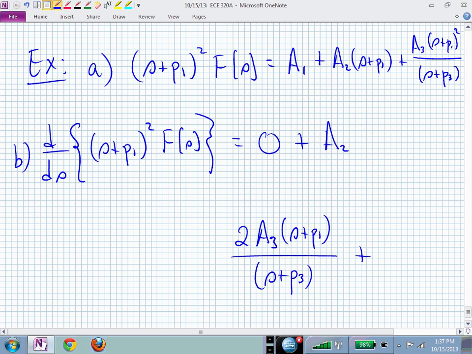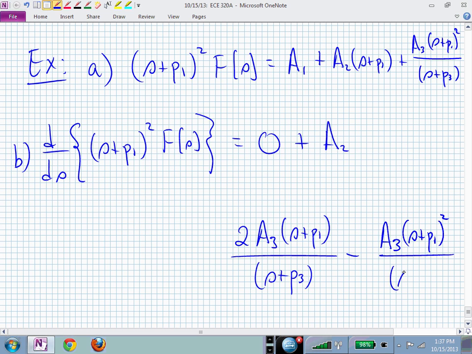So I now have s plus p3 to the minus 1 differentiated. I get a minus, and that all's just treated as a constant. That's my first term.